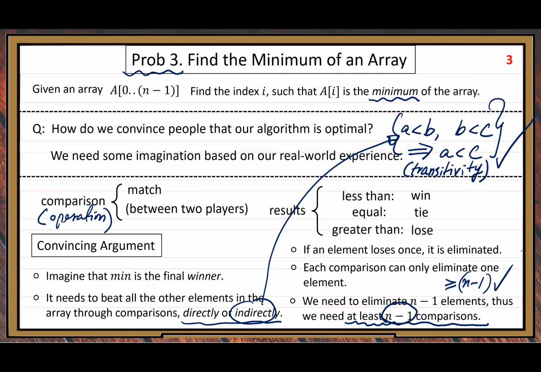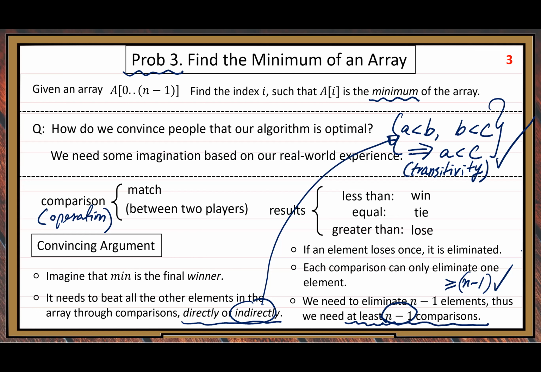So one comparison can only eliminate one element. That's our key property, right? One comparison can only eliminate one element in the array.